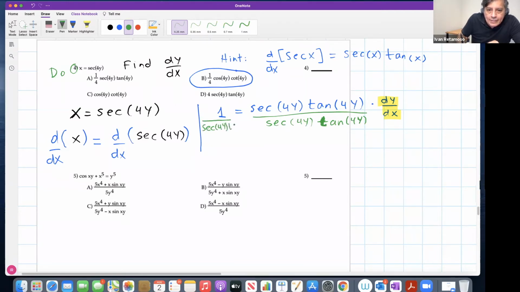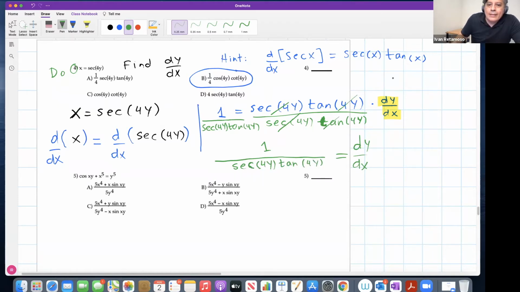This will cancel, giving me dy/dx by itself. And here comes the tricky part, guys. This will be 1 over this whole thing: secant of 4y multiplied by tangent of 4y.